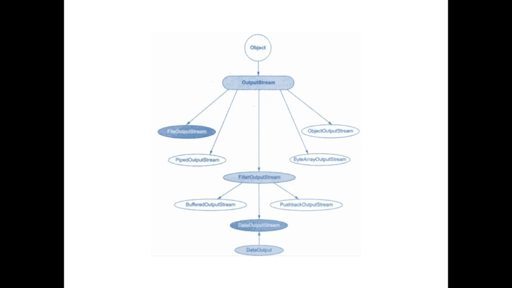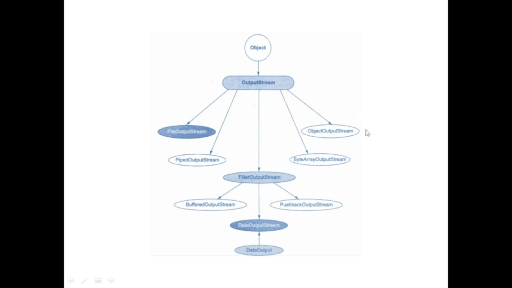The main functions are writing the bytes, closing the streams, and flushing the stream, that is, clearing the streams of any garbage values or previous unwritten data that is present. Now we have several subclasses which extend the superclass OutputStream: FileOutputStream, PipedOutputStream, FilterOutputStream, ByteArrayOutputStream, and ObjectOutputStream.